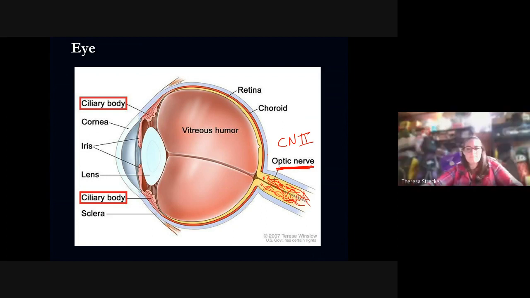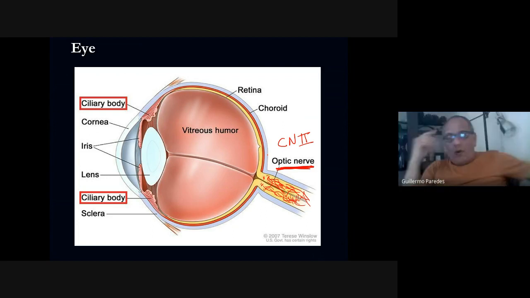Okay, so that is the three layers of the eye. So simple, right? We have three layers, three chambers. The three layers you already know: the outer, the middle, and the inner. And we already know the function of the retina, as I mentioned.